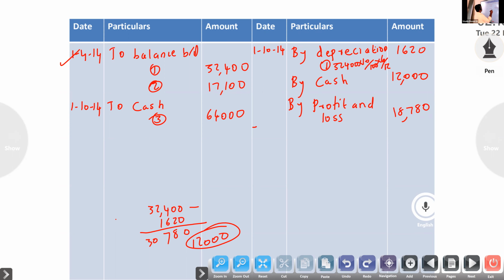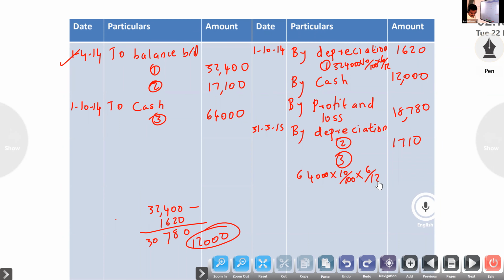Next, closing date 31st March 2015, by depreciation 1,710 to 64,000 into 10 percent into 6 by 12, purchase date to closing date. So 3,200.